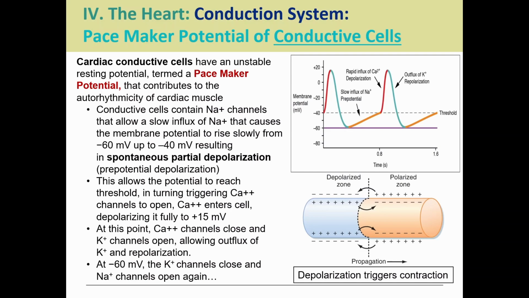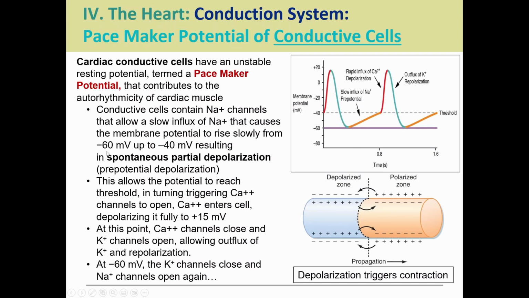So cardiac conductive cells, they don't have a very stable resting potential. We call this the pacemaker potential. And this is why we can have autorhythmicity, basically like automatic rhythm with this. So if we're looking at what's happening, right? Conductive cells, right? We have the sodium channels. There's a slow influx of sodium.